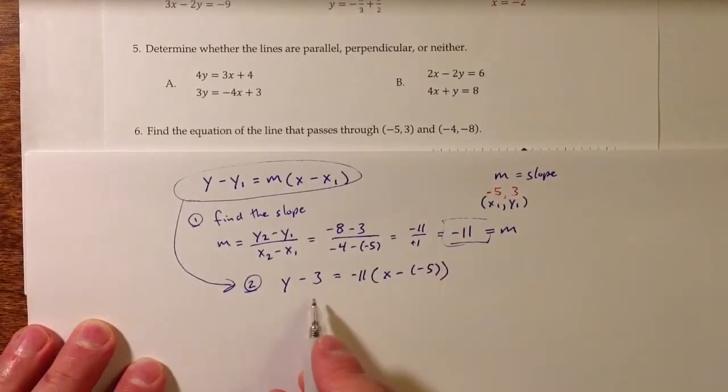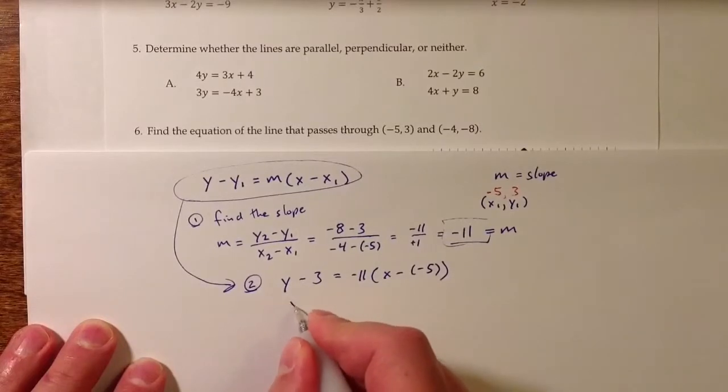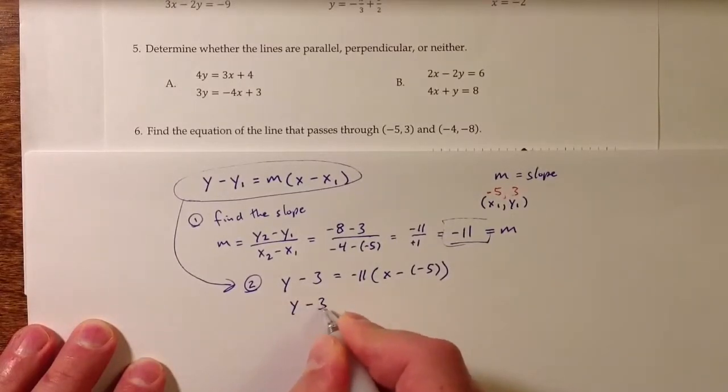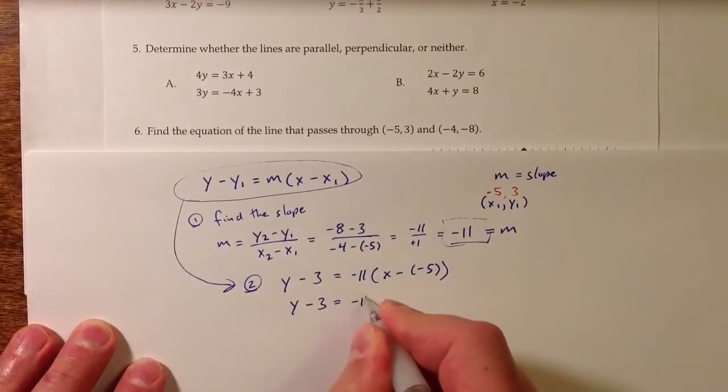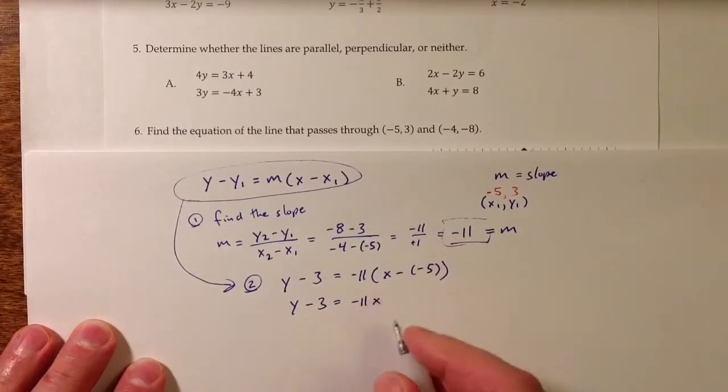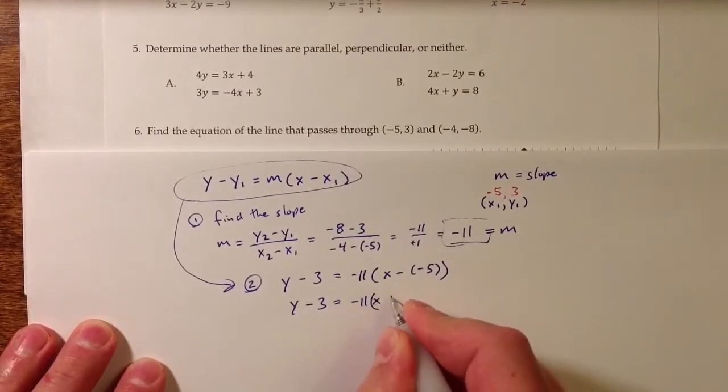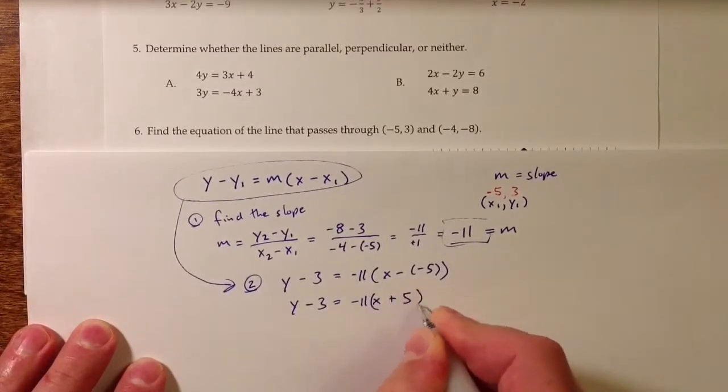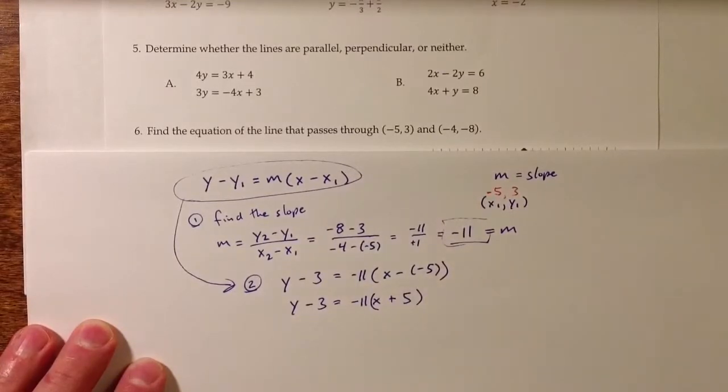I'm going to be careful about the positive and negative signs here and simplify this a little bit to get it into a slightly nicer form. We'll put it into slope-intercept form. I can multiply across with the -11, but first let me change this to x plus 5. Subtracting a negative is the same as adding a positive number.